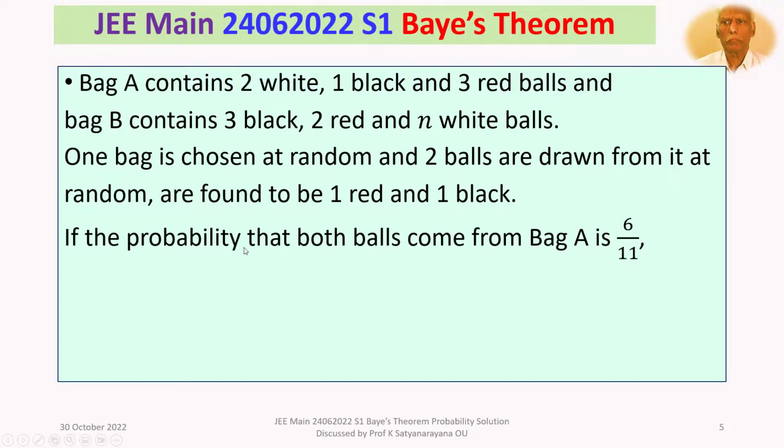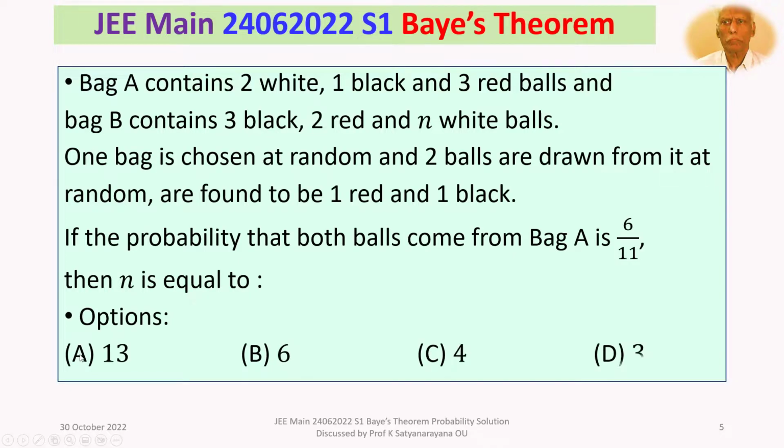If the probability that both the balls come from bag A is 6 by 11, then n is equal to. We are given 4 options. Option A 13, option B 6, option C 4, option D 3.